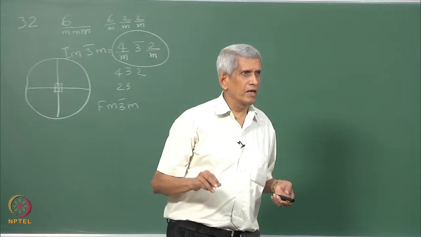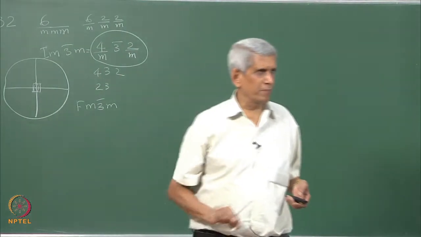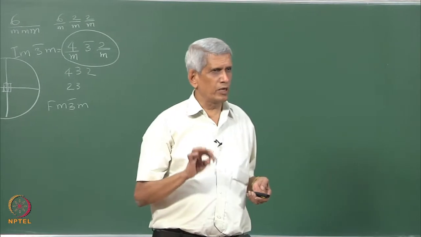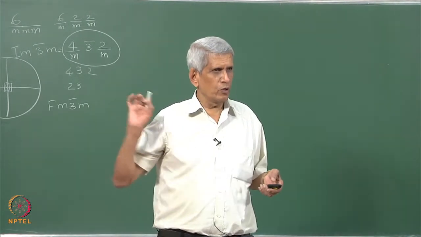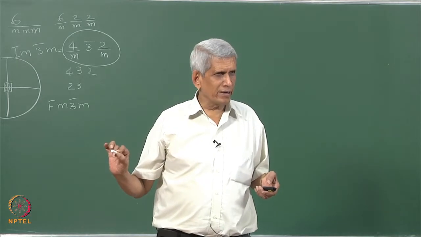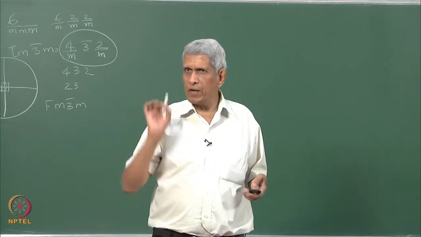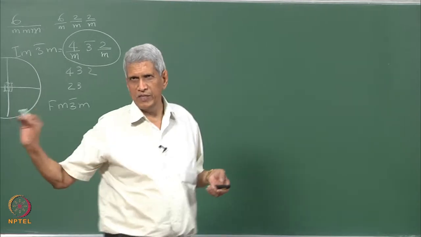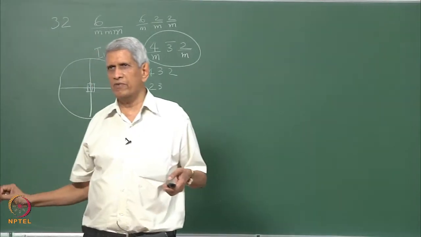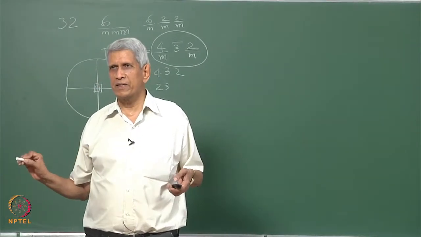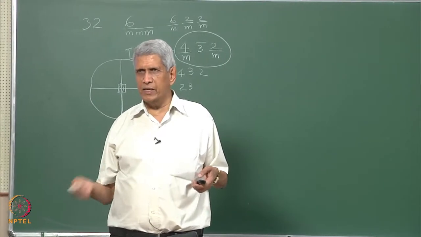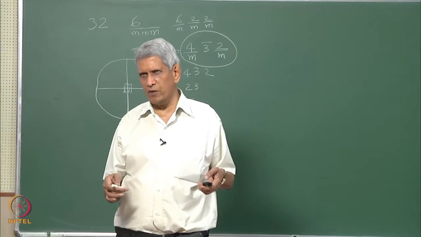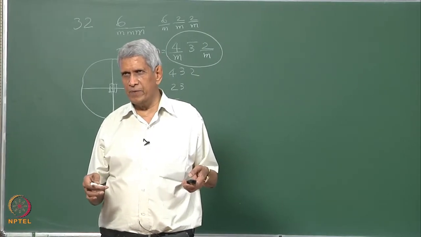Is it clear? All these symmetry elements will be there. These are only a few symmetry elements which are used to represent the symmetry, correct? But the number of symmetry elements which this crystal will have is quite a lot, that we have not looked at. That is, 3 4-fold axes are going to be there, correct?